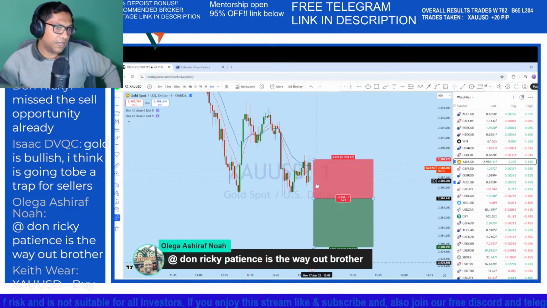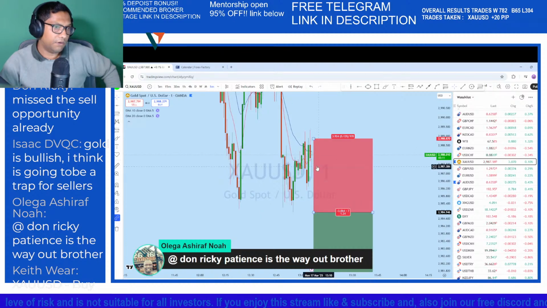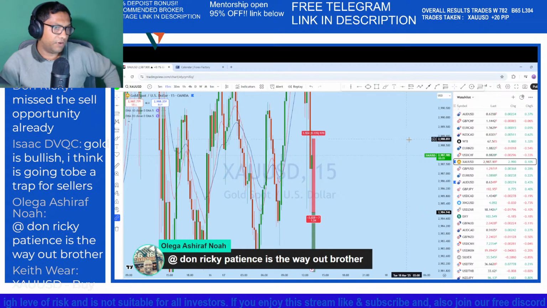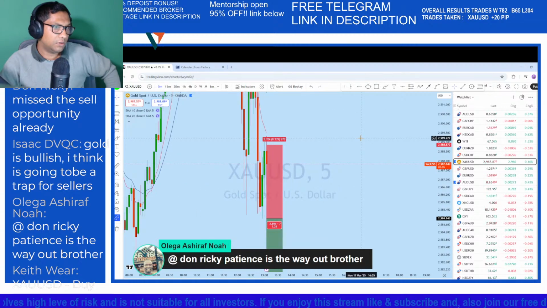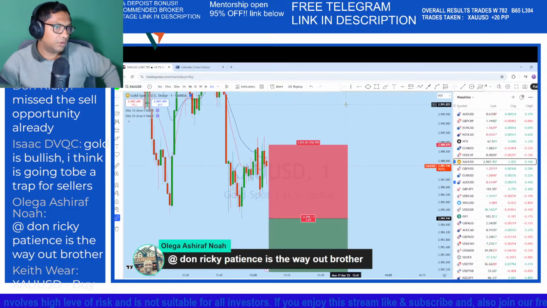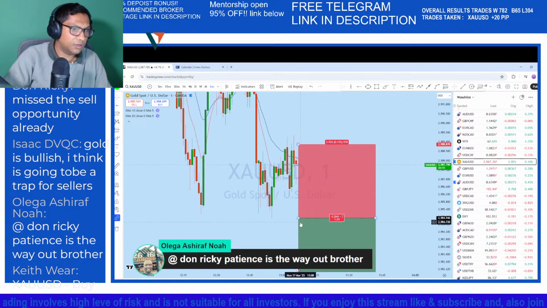So this is a strong bearish move here, okay, on the lower time frame. And okay, so with that bearish move, we can see that this is a doji here.